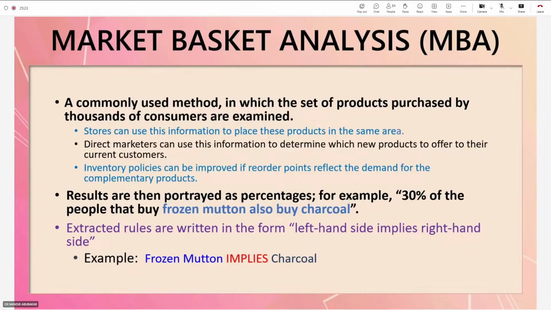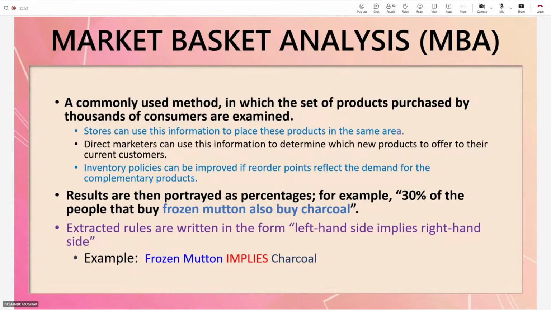And then the rules are extracted or written in the form of left-hand side implies right-hand side. For example, in this example, we say that those who buy frozen meat also buy charcoal. That means frozen meat implies charcoal. This is just an implication. So the transactions are saying that if there are purchases of frozen meat, it implies that there are also 30% purchases of charcoal.